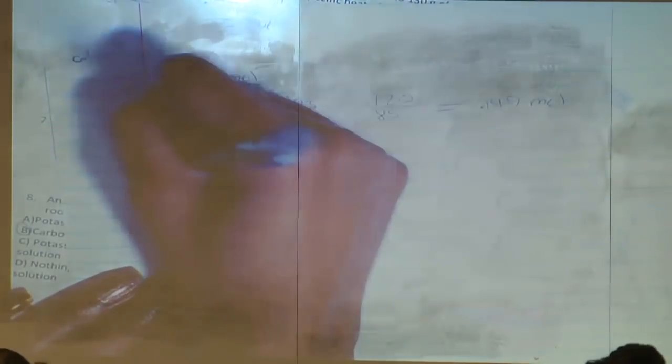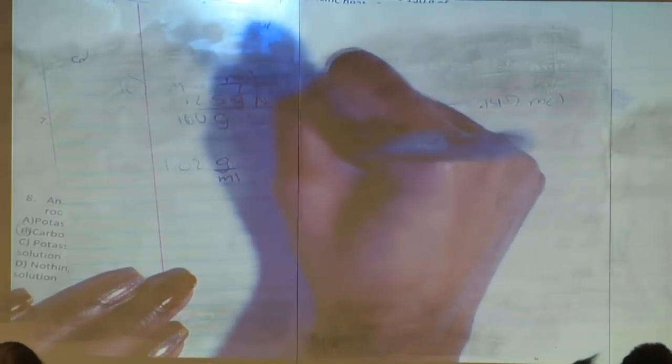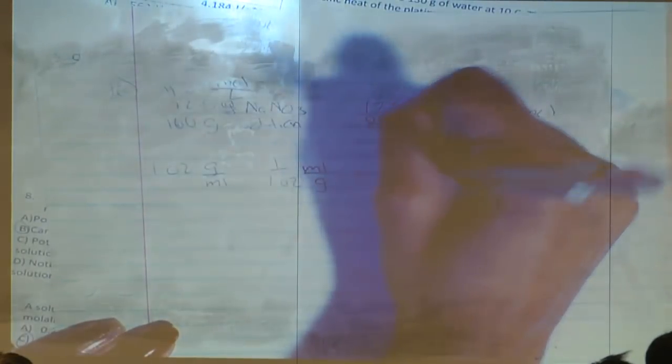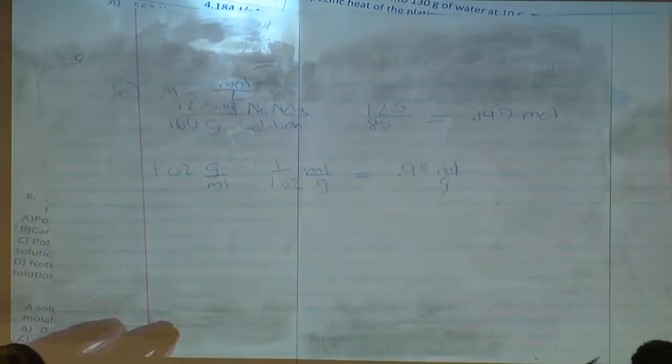So I told you that the density of sodium nitrate is 1.02 grams per milliliter, but we're looking for liters here. So we're going to flip this over, 1 over 1.02, so milliliters is on top and grams is on bottom. 1 over 1.02 is 0.98, so this equals 0.98 milliliters over grams.